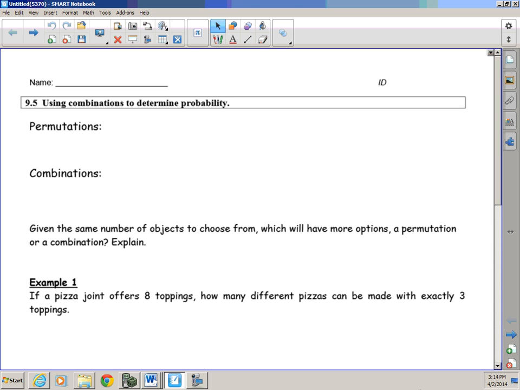In other words, if I had four people and one was a president, vice president, secretary, and treasurer, if I change those titles up, I have a different grouping.